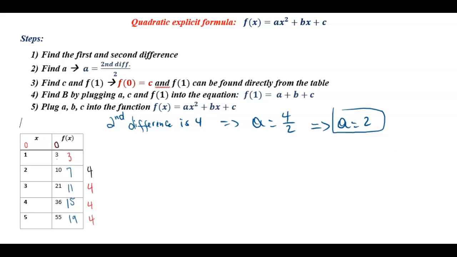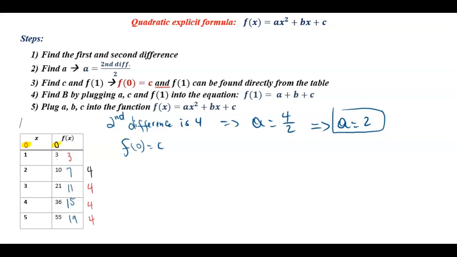So we know f of 0 equals C, and f of 0 would be when x is 0, then f of x is 0. Right?